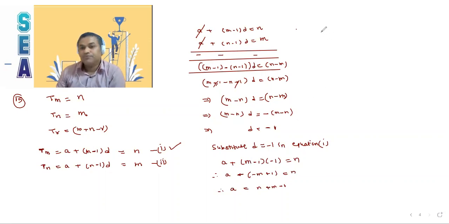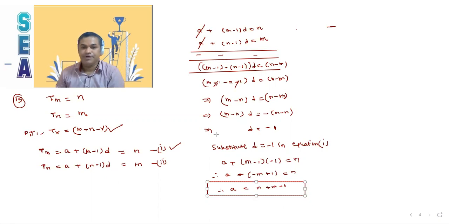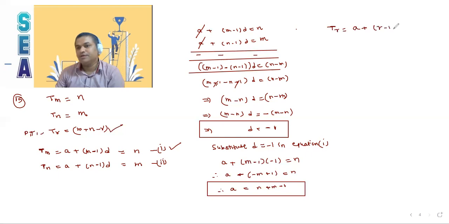So now here we want to prove Tr. We wanted the value of a, we got it. We wanted the value of d, we got it. And now we have to calculate Tr. So Tr is equal to a plus r minus 1 into d.